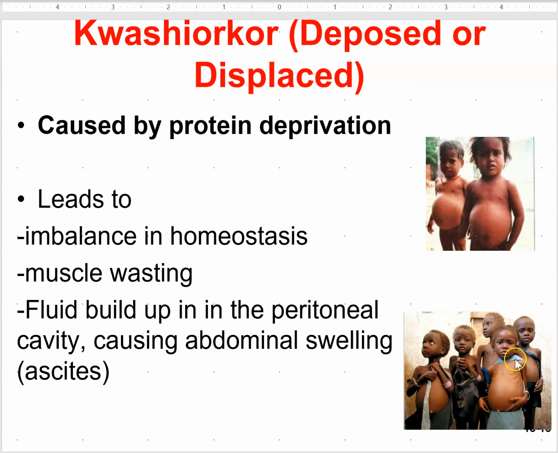But in conditions of marasmus, you see prominent ribs. And this is more common in infants that are under the age of 1 year. So kwashiorkor is a disease, and marasmus, M-A-R-A-S-M-U-S, is the other disease.